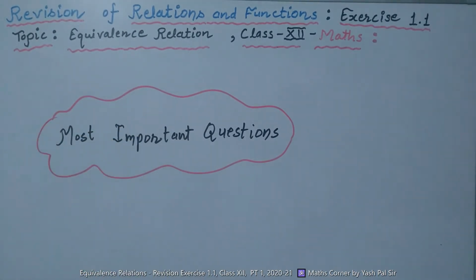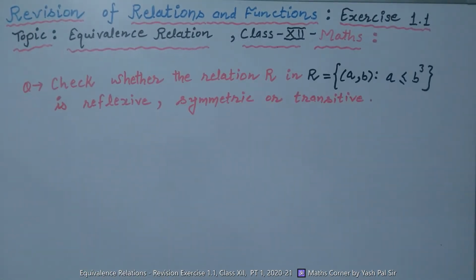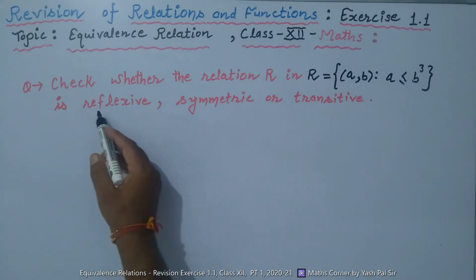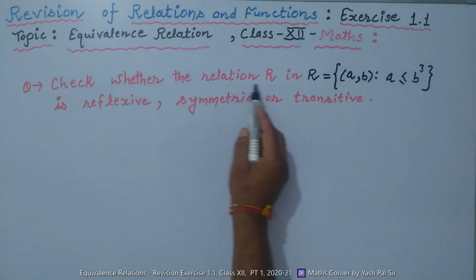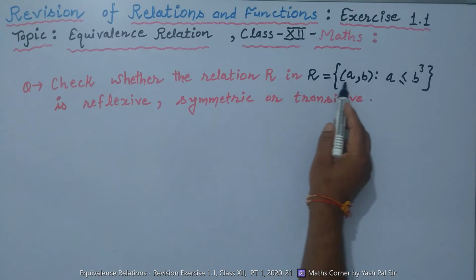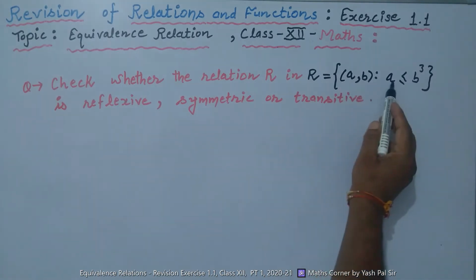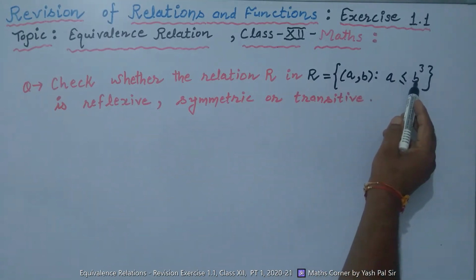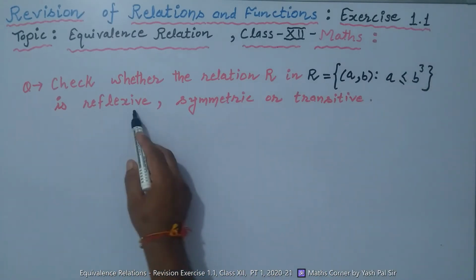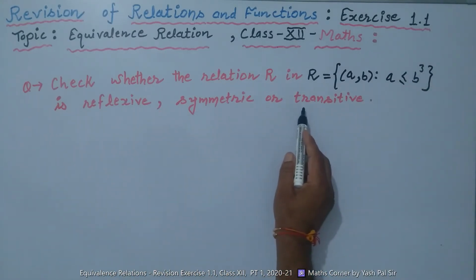My dear students, now we are going to discuss the most important questions based on equivalence relations. So let us discuss them now. The very first very important question is: check whether the relation R in ℝ defined by R = {(a, b): a ≤ b³} is reflexive, symmetric or transitive.